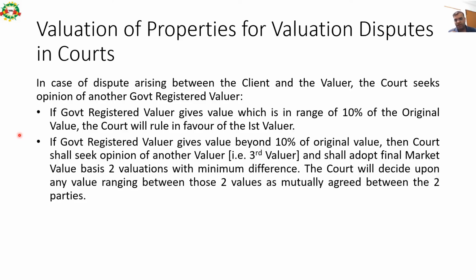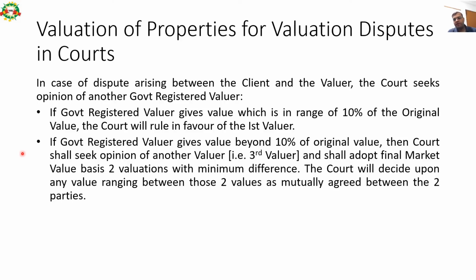So if I have submitted a valuation in the court and it has been disputed by the other party, court may appoint another valuer, and if the new valuer gives his valuation within the range of plus minus 10% of my valuation, then court will say that my valuation is okay, previous valuation was okay, there is no dispute in that.